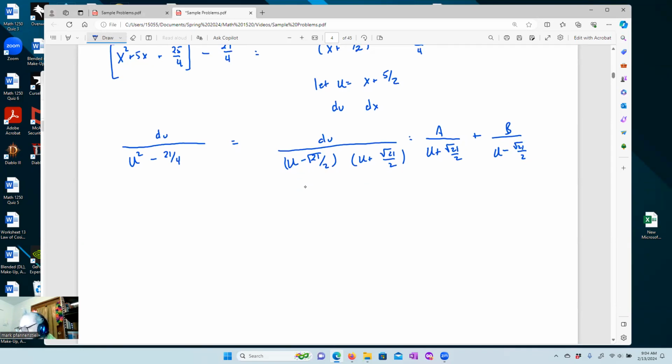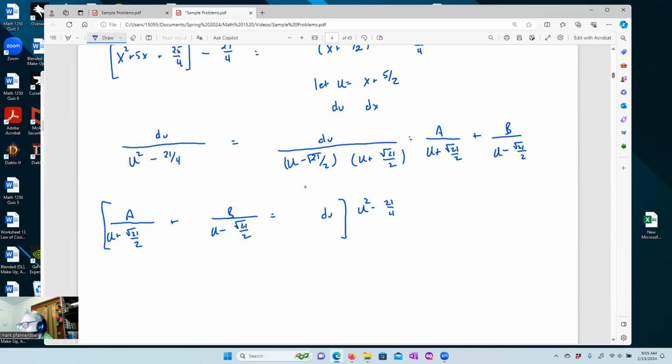So we're going to solve our partial fractions, and I'm going to do this the long way. We have A over u plus the square root of 21 over 2 plus B over u minus the square root of 21 over 2, which is equal to du at the end. We're going to clear the fractions, so I'm just going to multiply by u squared minus 21 over 4.